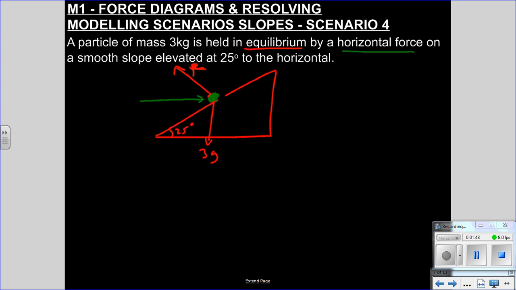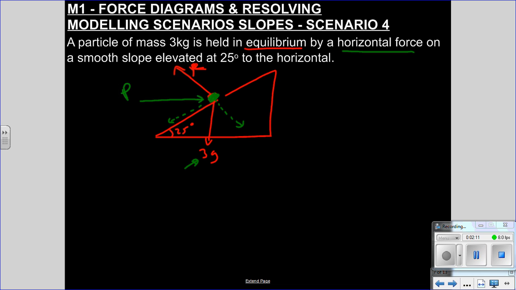Okay, that's helpful. So like I said before, let's say I was trying to find out what this horizontal force is, let's call it P. I could split the weight up into components, like we did before.